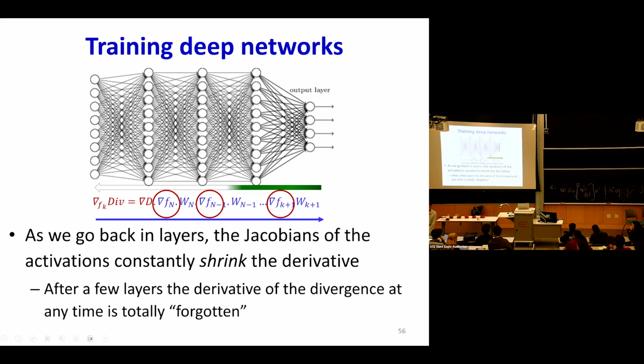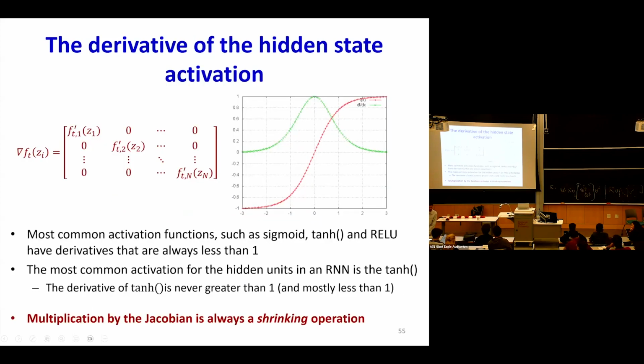What is the upper bound on the diagonal values for the Jacobian for the scalar case? 1. So if I multiply a vector by a diagonal matrix whose elements are guaranteed to be 1 or lesser, what will happen to its length? Shrink, correct?